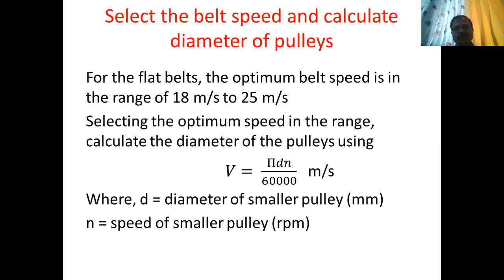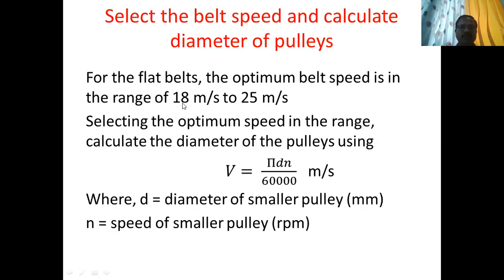Now, the first step is to select the belt speed and calculate the diameter of the pulleys. In the initial stages, we do not know the velocity of the belt, or the belt speed. So, a better way is to select the belt speed in the optimum range of 18 meter per second to 25 meter per second for flat belts.